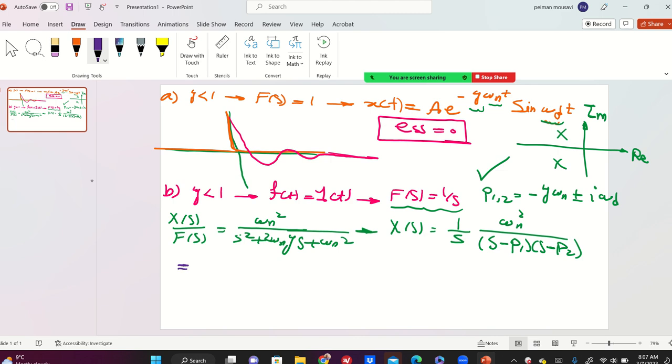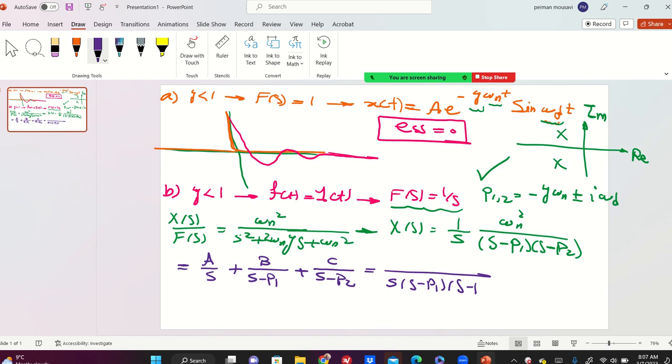So we can again write a over s plus b over s minus p1 plus c over s minus p2, and you can write it over s times (s minus p1) times (s minus p2).